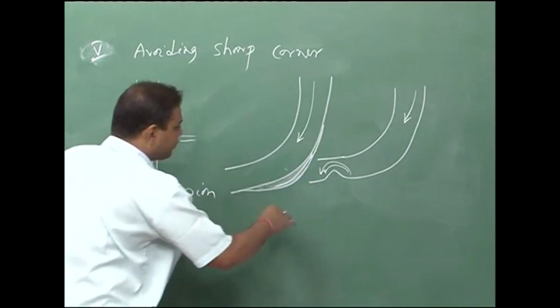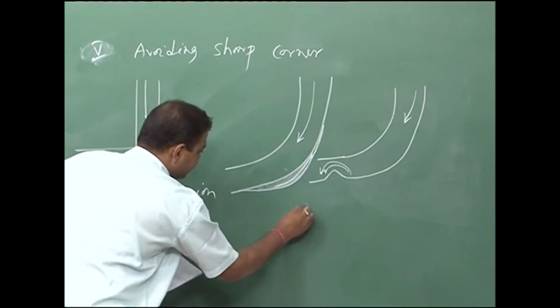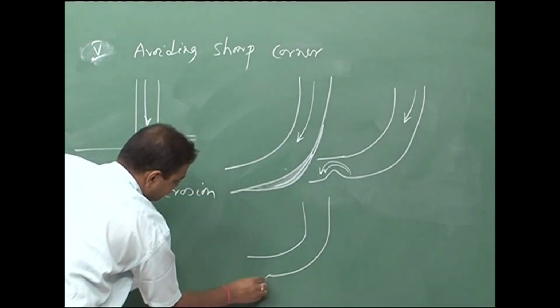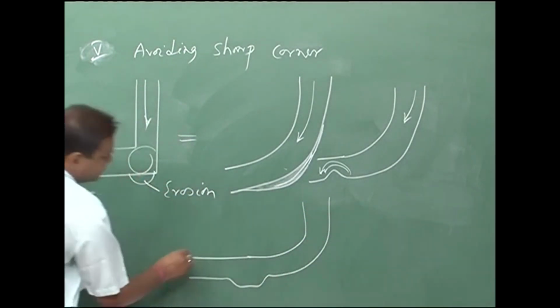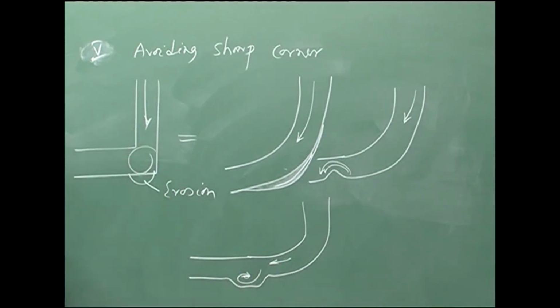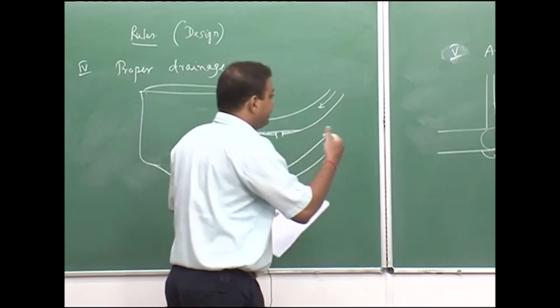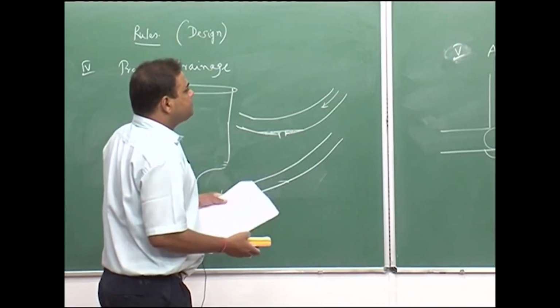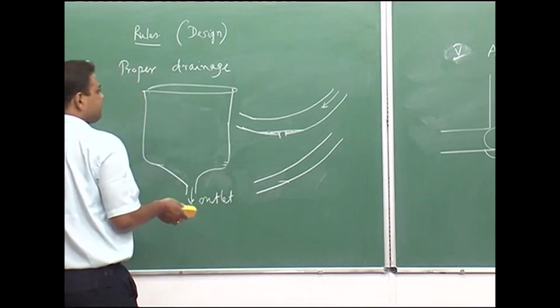Or if you have a dent like this, let us say this is my dent in the system, here also the liquid can come and there would be turbulence. Again the corrosion would be more here, and this is due to erosion corrosion. So avoiding sharp corners, protrusions, or this sort of dent can avoid corrosion, or improve the corrosion resistance of the material.